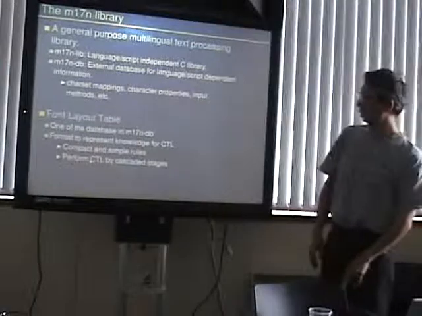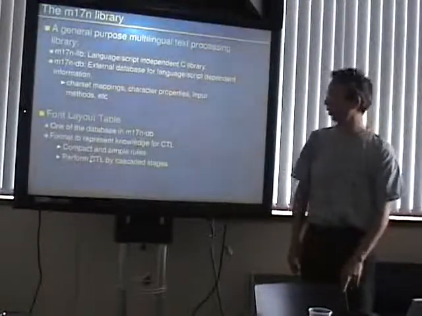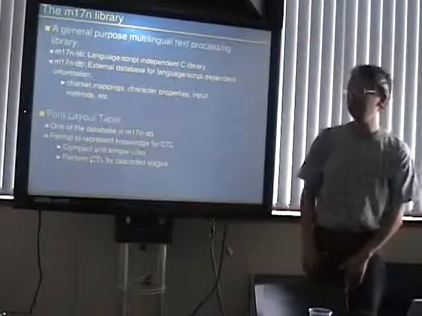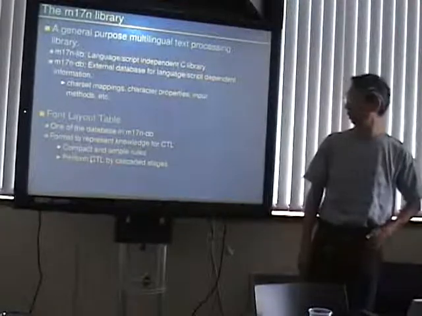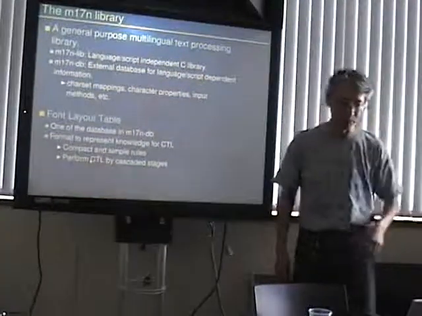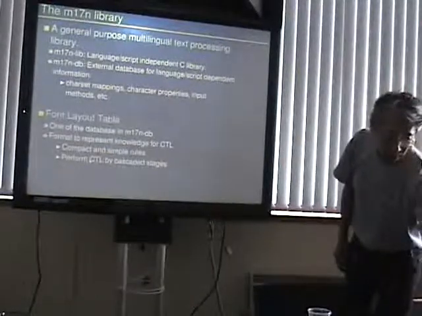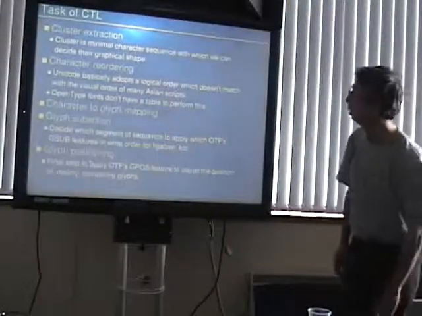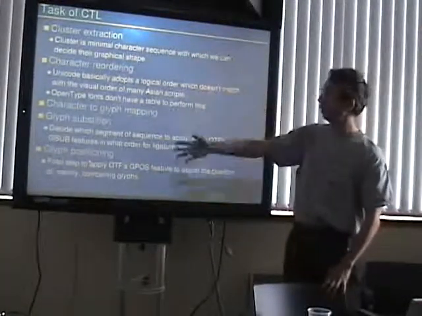The font layout table, FLT, represents knowledge for CTL. It's quite compact, and simple rules support CTL by cascading stages. We have modeled the task of CTL through these 5 steps.